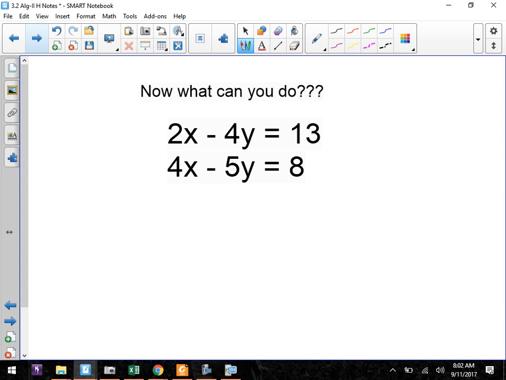Now, remember, there's a couple of things you can do when you're talking about systems. If you have the same coefficient with the same sign, I would subtract them. Subtract one from the other to eliminate a variable. If you have same coefficient with opposite signs, I would add them together.